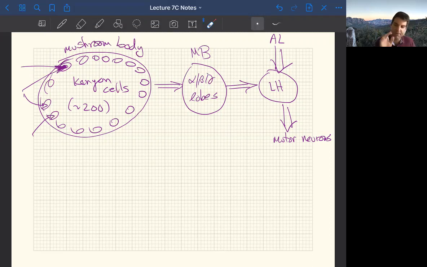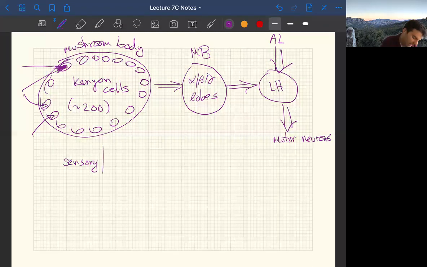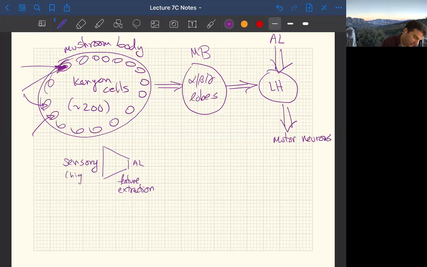So from a computer science perspective, you might ask, why would you go from a sensory system with lots of pixels, a very complex world, into feature extraction? So there's feature extraction at the antennal lobe, and now you've gone from very high dimensional to low dimensional.